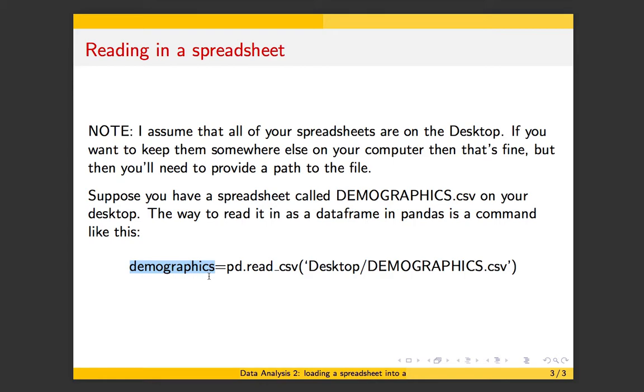Anyway, all I'm saying is that what's on the left-hand side of this equals, this demographics lowercase right here, is this spreadsheet. It's like the same thing on some level. It's this spreadsheet that's been processed and cleaned up in such a way that your program can handle it. Your program now knows what this spreadsheet, all caps demographics, is.